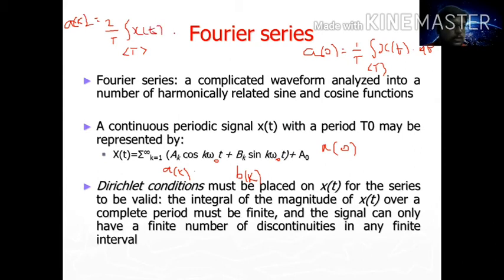It should be multiplied with the cosine function, so a of k always depends upon the cosine function.